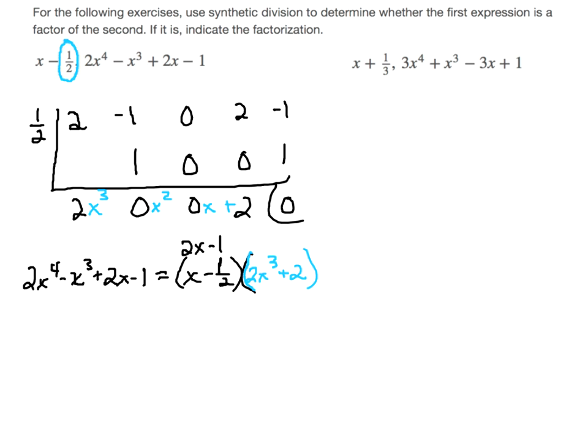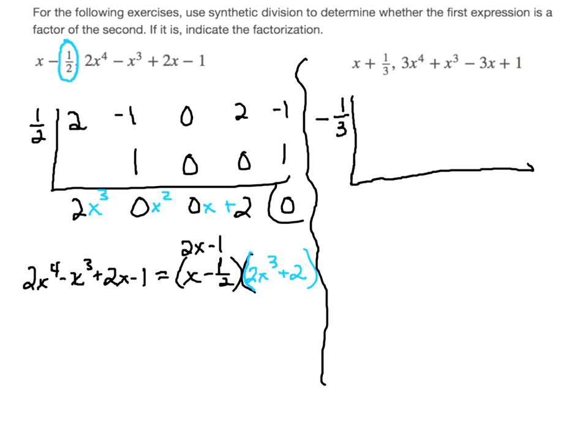All right. Same thing with x plus 1/3. Now, it's a plus. Remember, that's minus a negative. So my k value is negative 1/3. And I'm running that through 3, 1. I skipped over x squared again, negative 3 and 1.